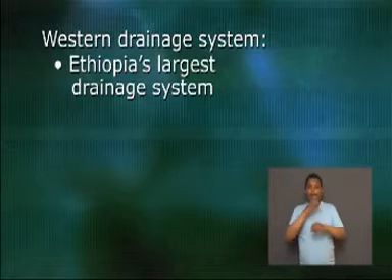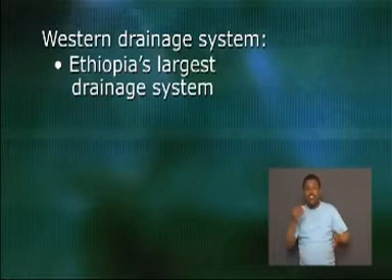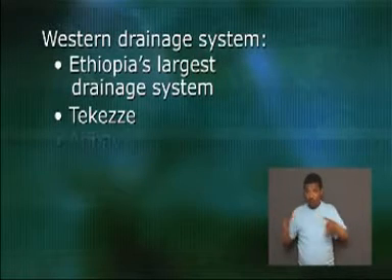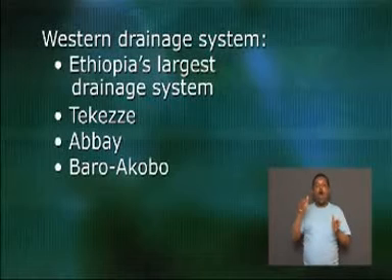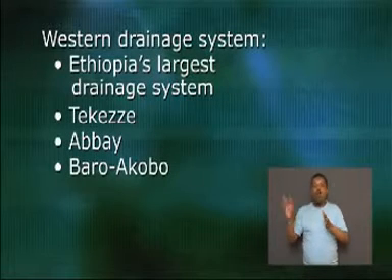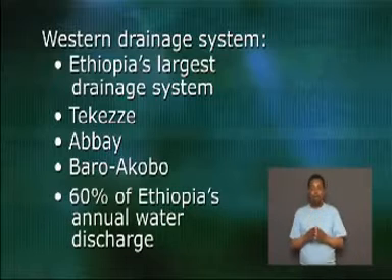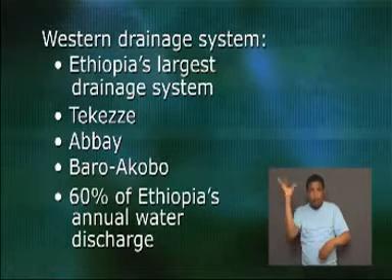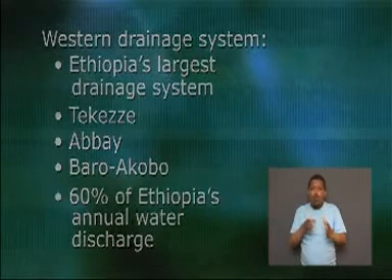Made up of 3 major rivers and their tributaries, including the Tigray, Abe, and Baro Akobo rivers, the Western Drainage System contributes 60% of the country's total annual water discharge.